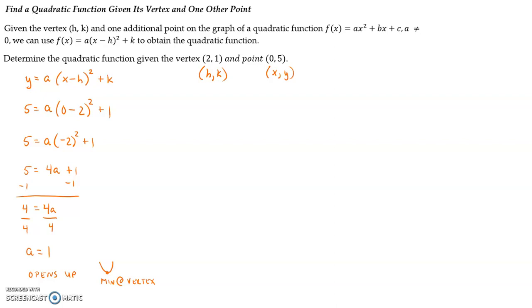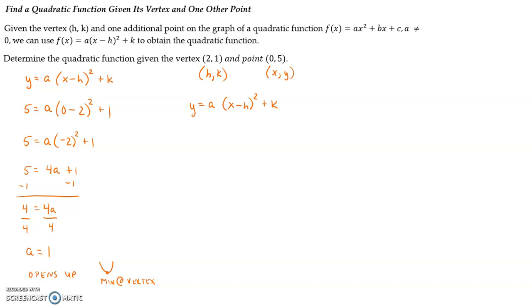So let's take the information that we have. We still want to find the equation for this quadratic, so we're going to come right back to that vertex form of our function. Let's write it down. I've got y equals a times x minus h, the whole thing squared, plus k. And this time, since we're looking for the quadratic function, we need the x and y value to stay in our formula.